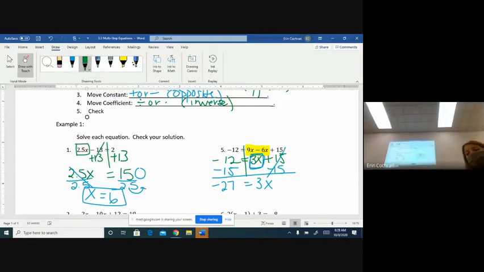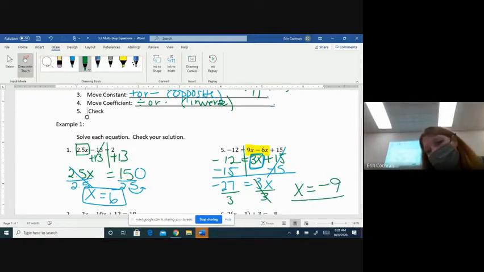Now, 3 is a coefficient. So how do I get rid of the coefficient of 3? Divide by 3. So x would equal, and what's negative 27 divided by 3? Negative 9. Good. And we should always check these, right? Hopefully you guys are checking with either a calculator or writing it down.